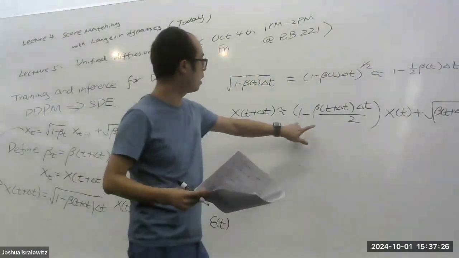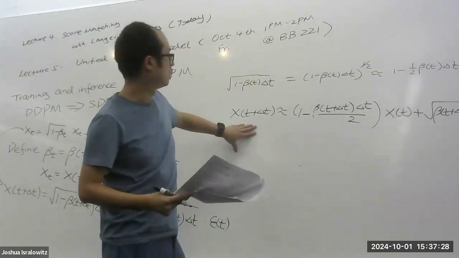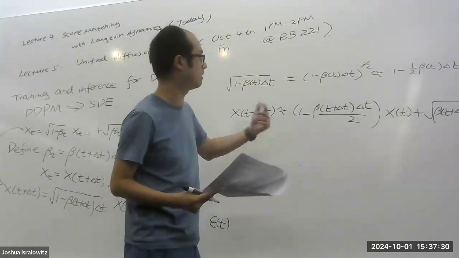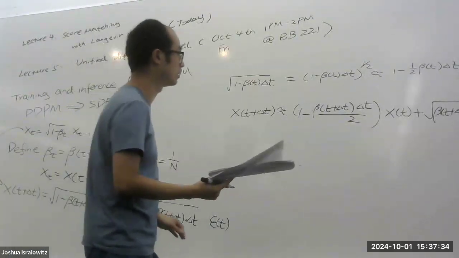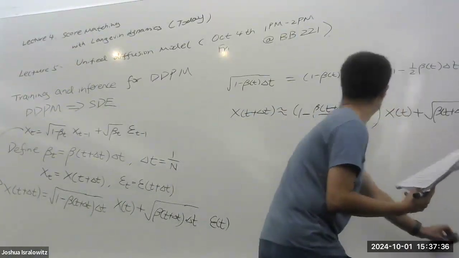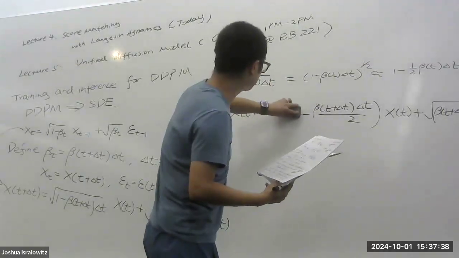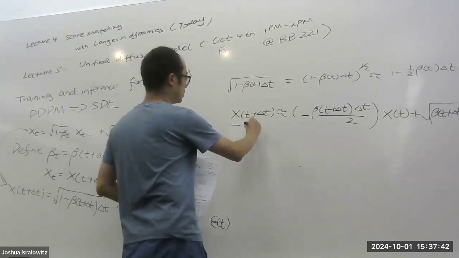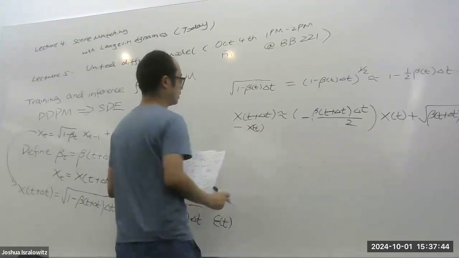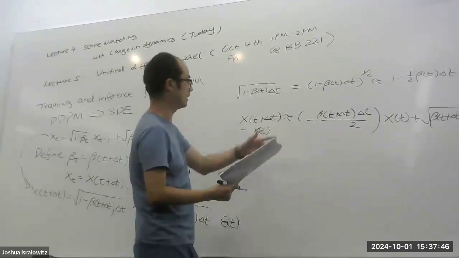So you move one of xt to the left hand side and divide by delta t. If you move xt here, it will be like that, and you divide by delta t.